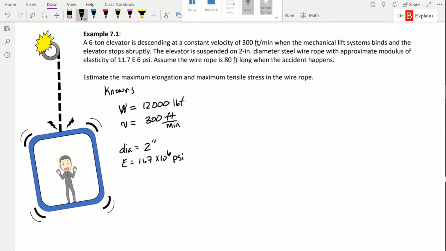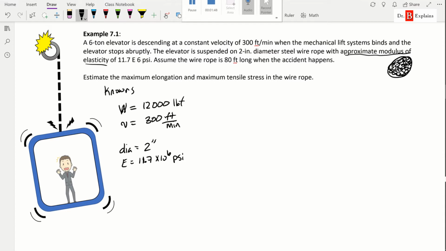Here, a little note on approximate modulus of elasticity. If you ever looked at a wire rope, you'll see that if we look at a cross section, it's not one solid piece of metal. Instead, it's a bunch of steel cables that are packaged together. So all of these together are going to behave also linear elastic.